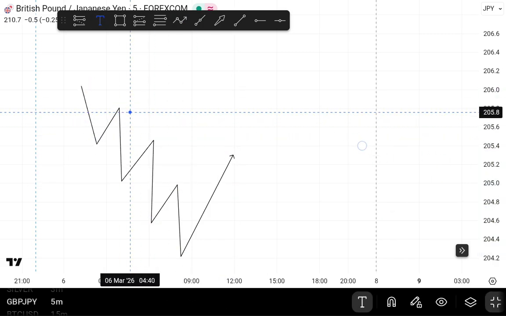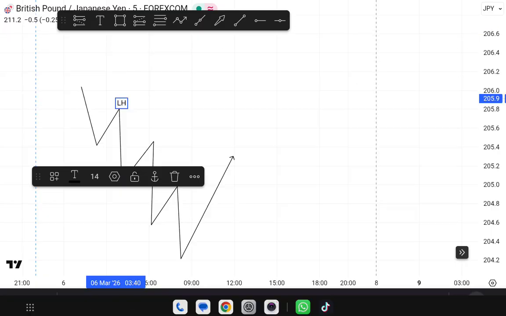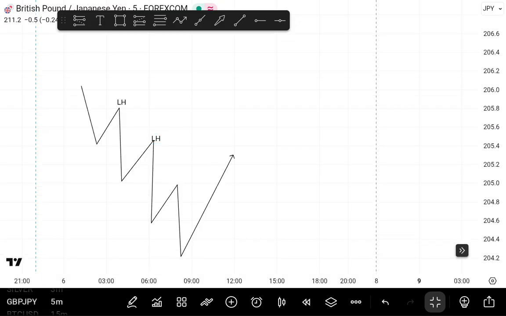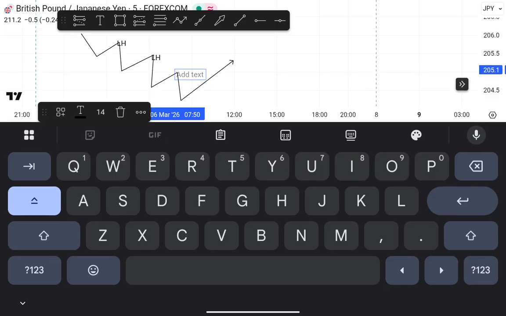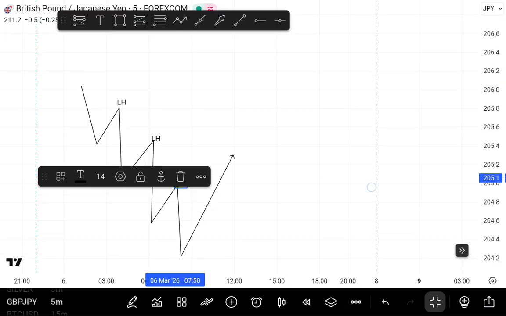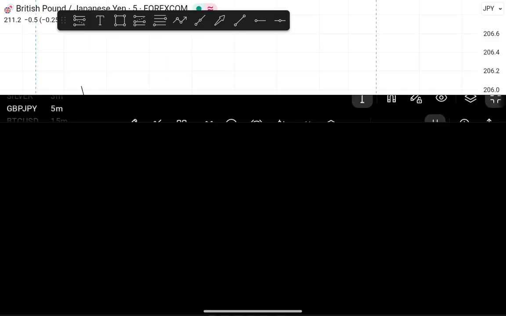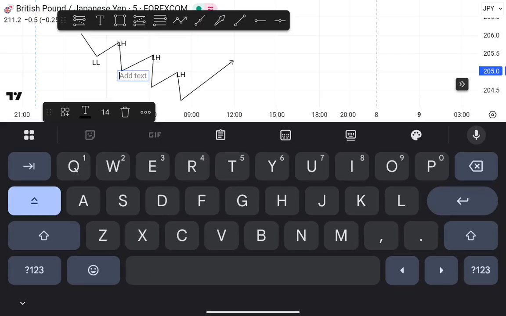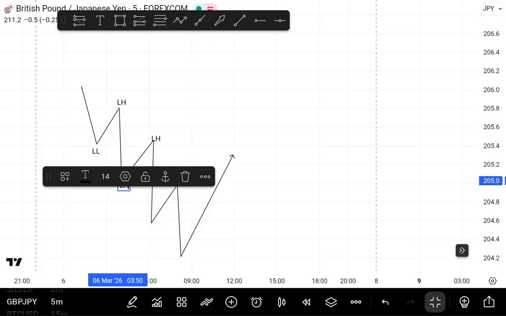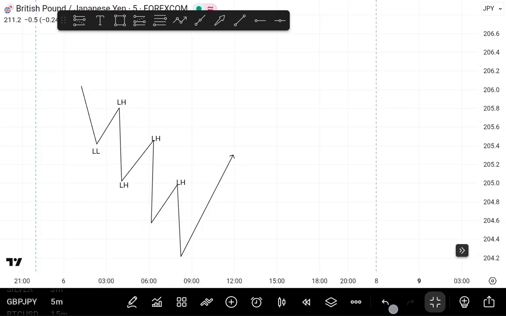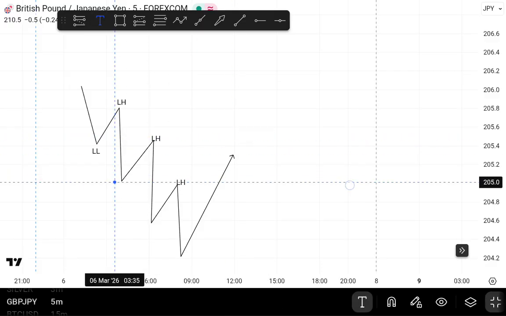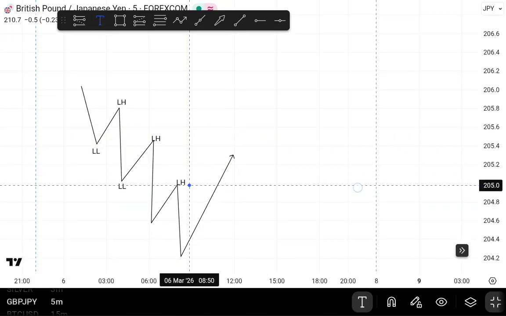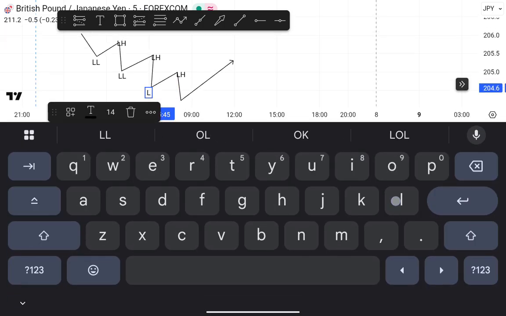Let me indicate them: lower high, lower high, lower high, lower low, lower low, lower low.